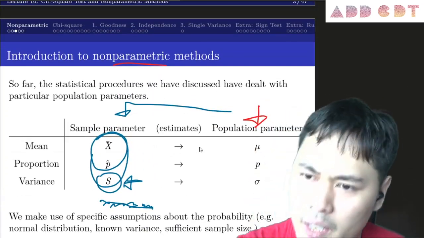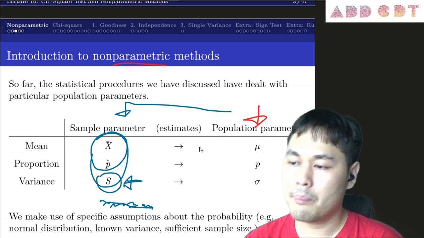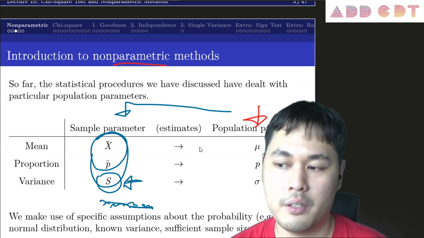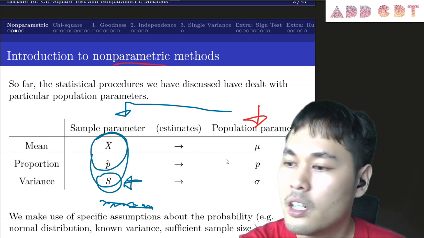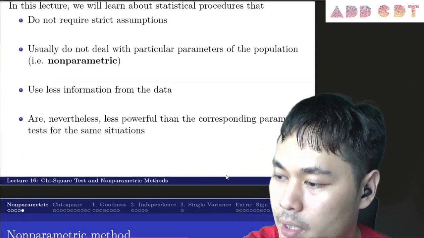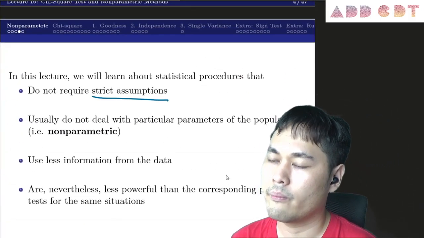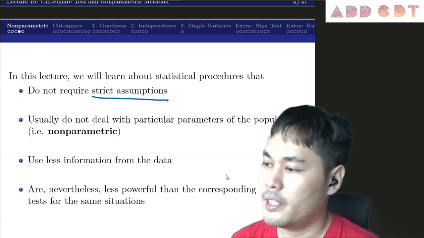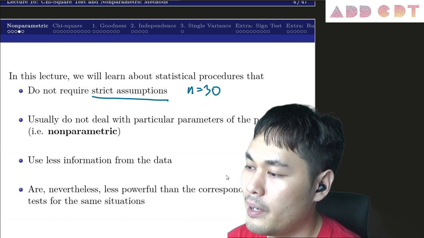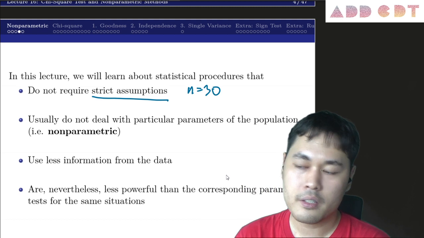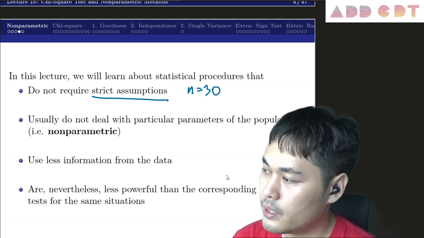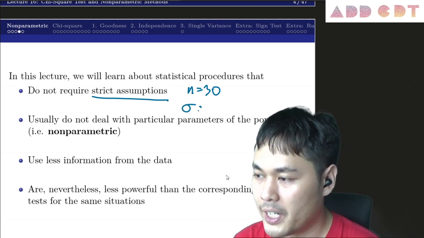By the way, before we can make some assumption and perform hypothesis testing on the means and proportions, we are required to have strict assumptions. That means we need a large enough sample size. We have to know the variance beforehand.